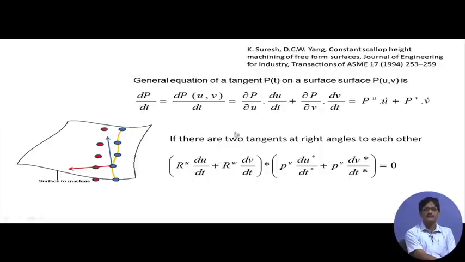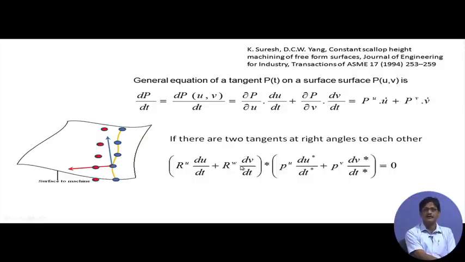So, I am sorry, suddenly R has been replaced by P by mistake and V has been replaced by W. Please understand that this basically represents nothing else but the tangent. That means, please read it as del R del U into du dt plus del R del W into dw dt. Nothing else. This expression of general tangent we have come across.